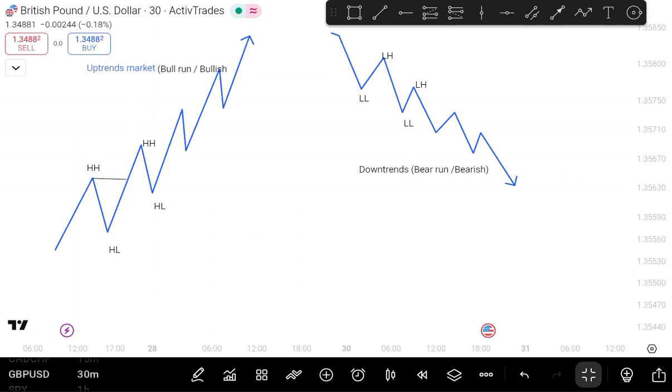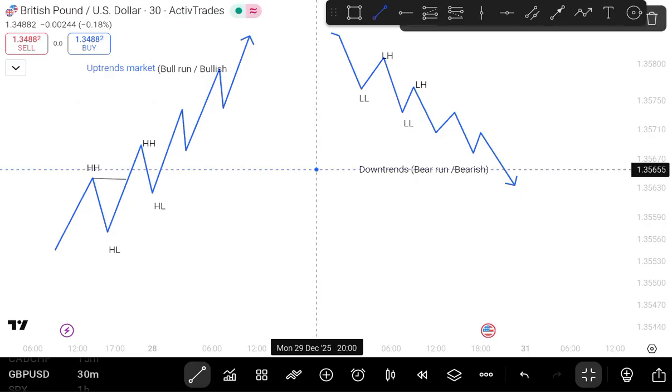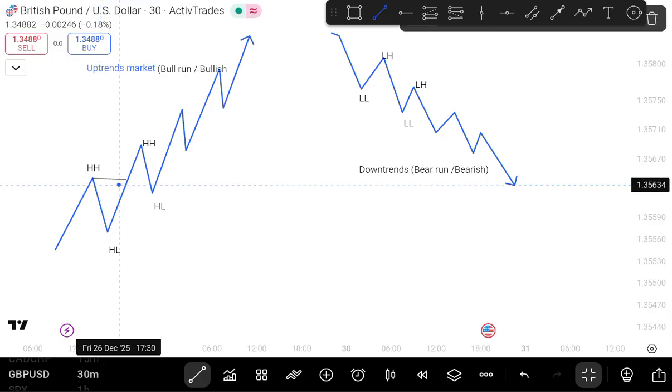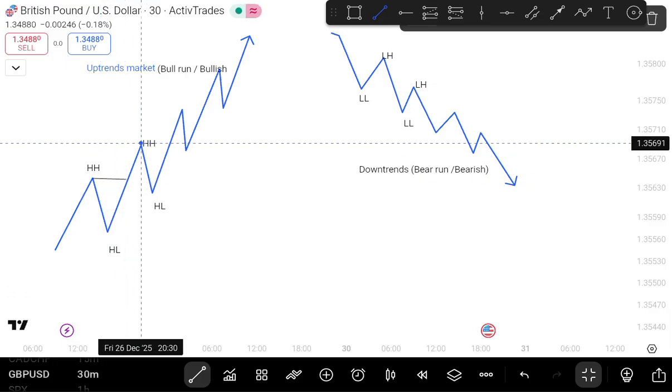It must break the structure of this higher high for you to know that this particular market is still going to go up. We call this breaking of the higher high a break of structure.